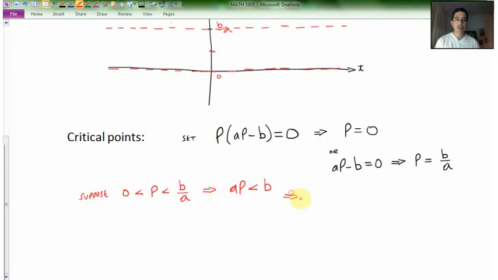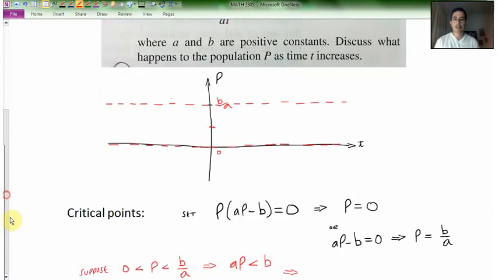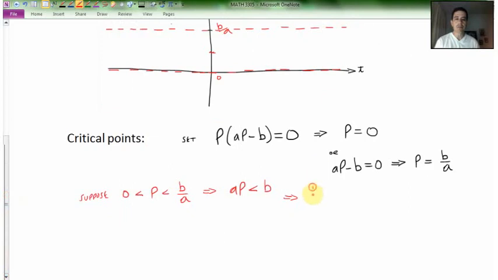So that means the derivative, dP/dT, which is P(AP minus B), will be negative, because P is positive and AP minus B is negative.